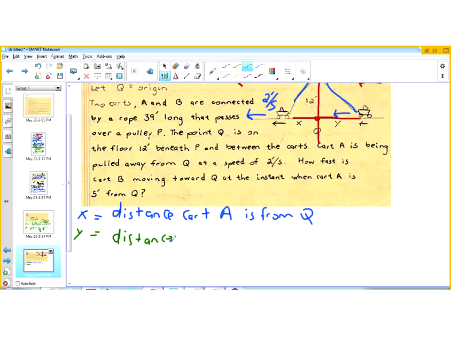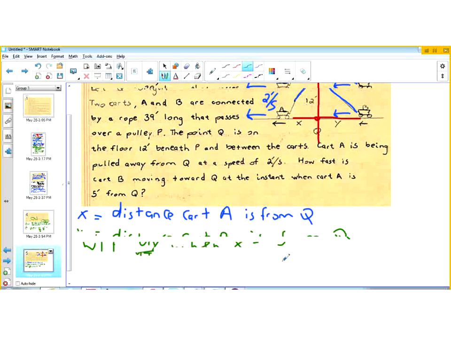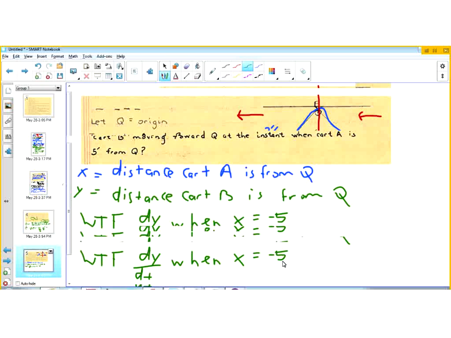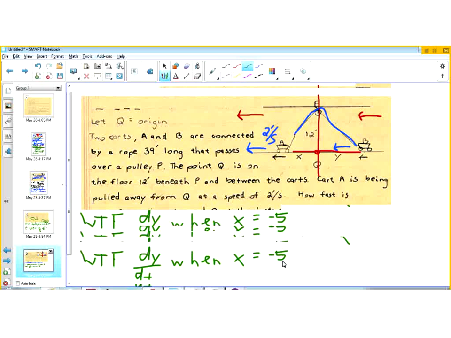These are just distance variables. y is the distance cart B is from Q. We want to find the change in y with respect to time, in other words, the velocity of cart B when x is equal to -5, based on our coordinate system. How do we do that?